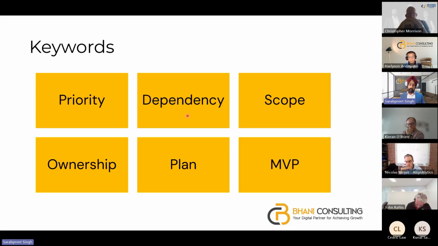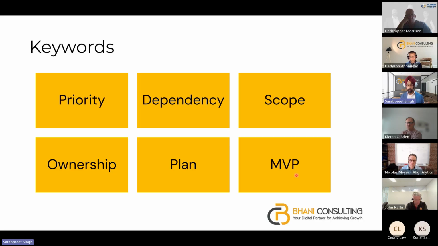Dependency is key, and there is a certain way we put data in the new system. Scope is vital because there are certain things we are not doing anyway. They can just be thrown out. We are not even talking about those. Ownership is about who is doing what, and we'll cover ownership in a bit more detail. For all these things to happen, we need a plan, and we should have clarity on the minimal viable product. That means when I say customers should be cleansed, what do I mean by cleansed?